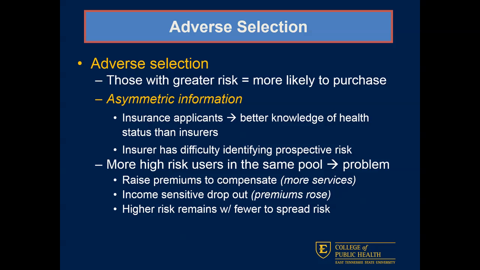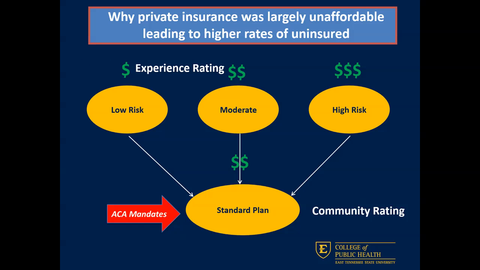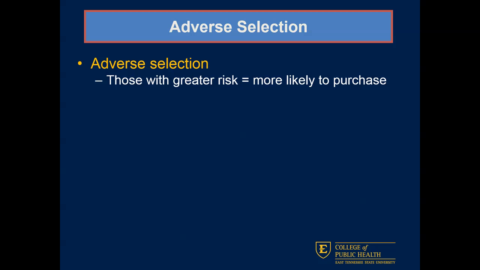Now they are required to buy into this insurance so that we can have this community rating scheme that we talked about on the previous slide. And to make this work, we have to have a lot of low risk people participating in the pool to compensate for the amount of services that are going to be used by the high risk population.